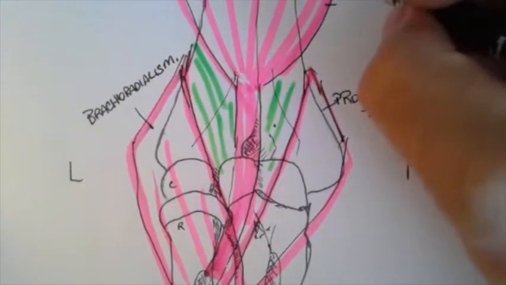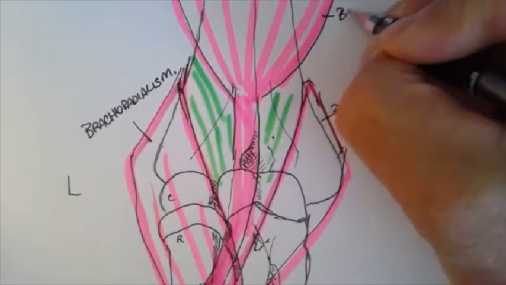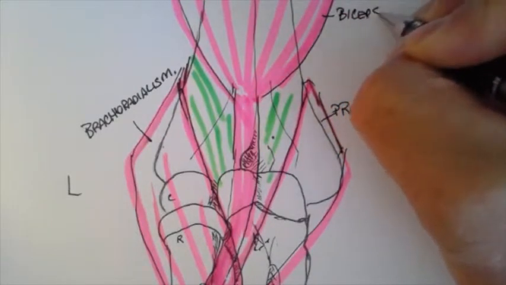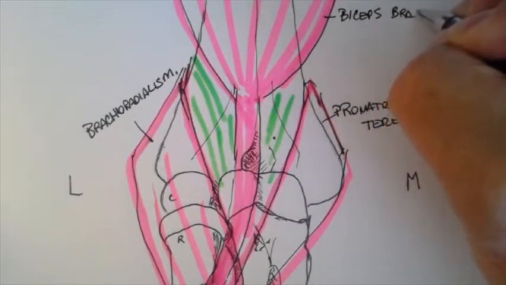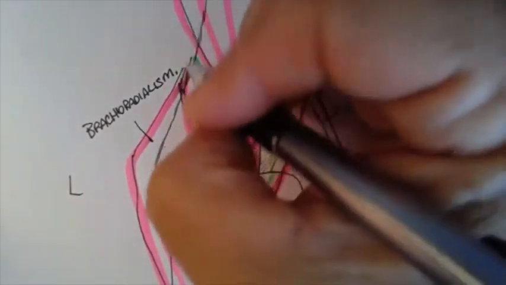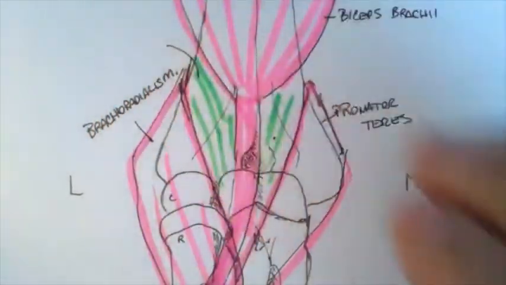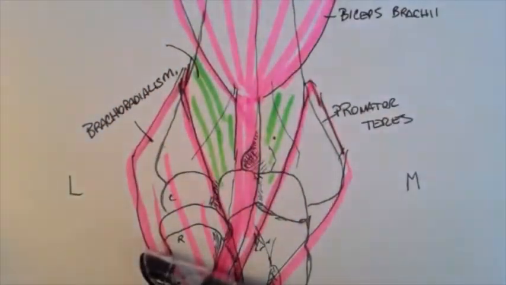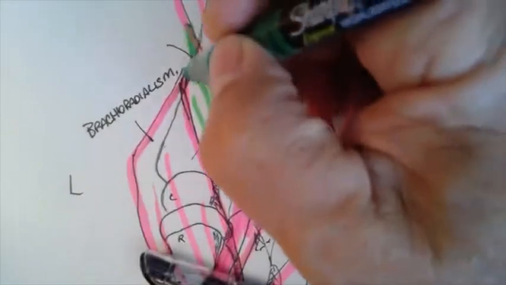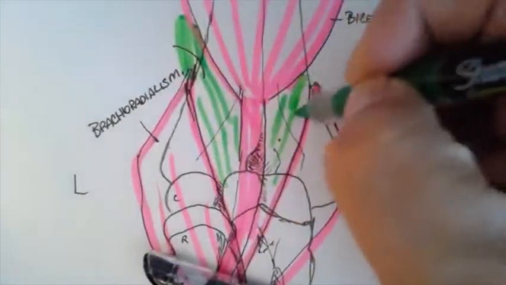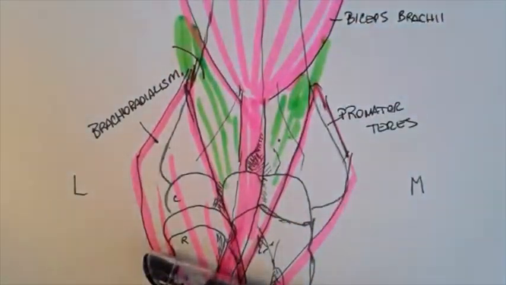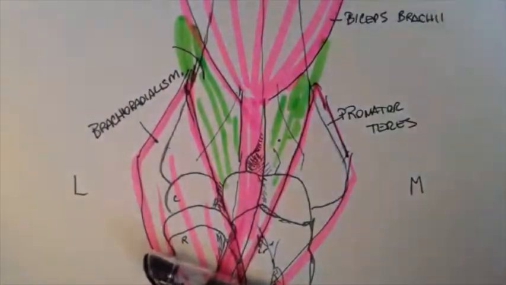This is biceps brachii, and then underneath here we see just little pieces of it coming out. Actually, let's make this a little more accurate, because you're going to see this coming up right underneath the muscle. You can actually palpate it on the outsides of the biceps. So this is the brachialis.